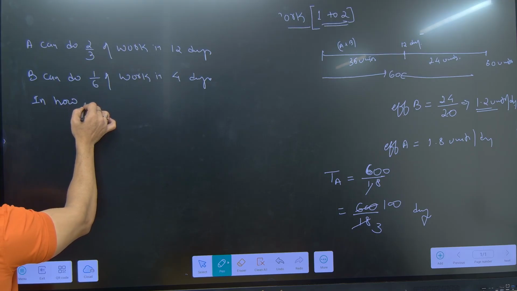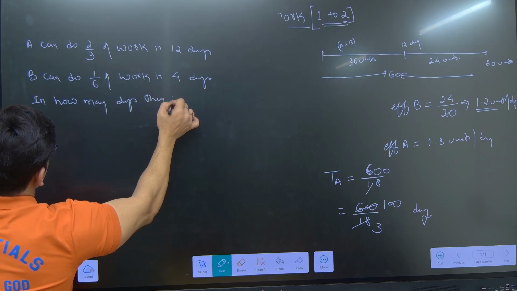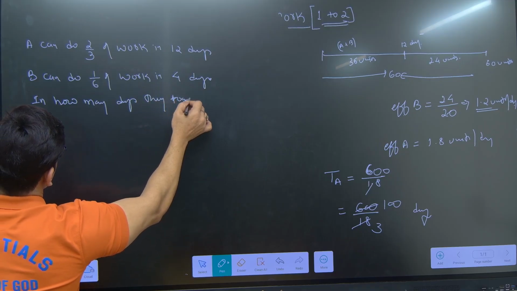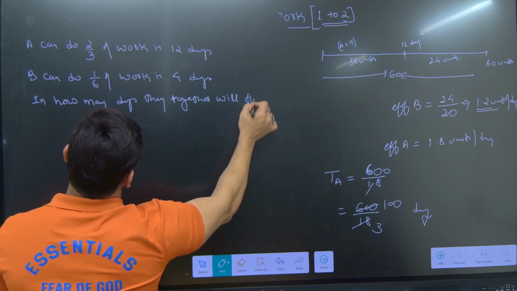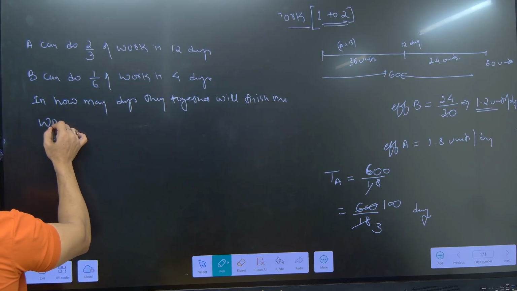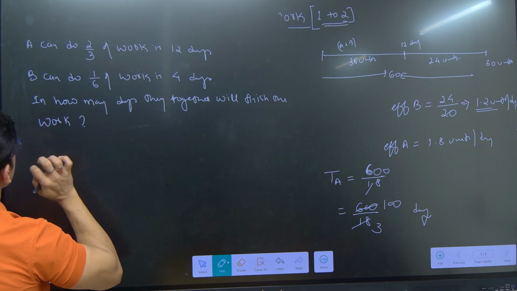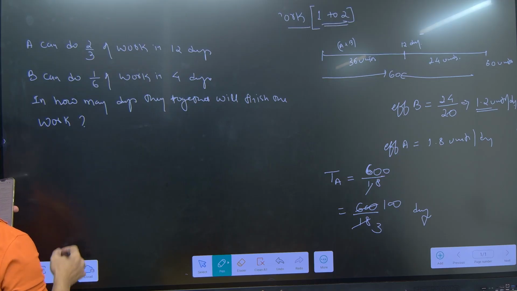In how many days will they together finish the work? Do this question. I'm giving you options and then I'll share the worksheet with you.